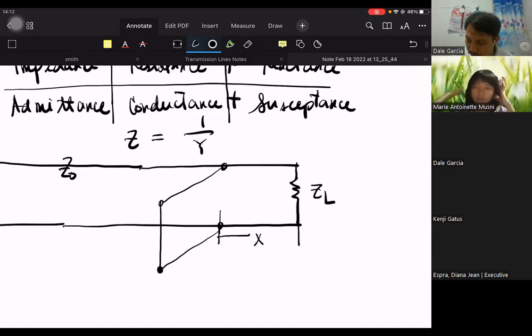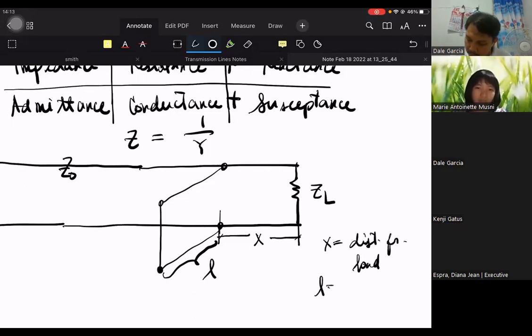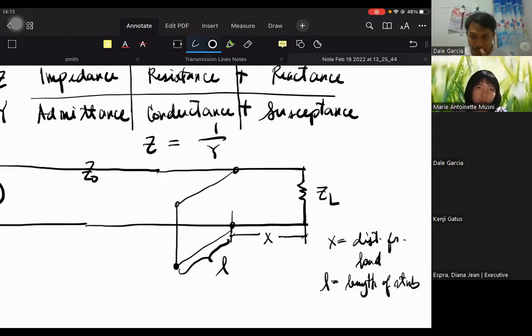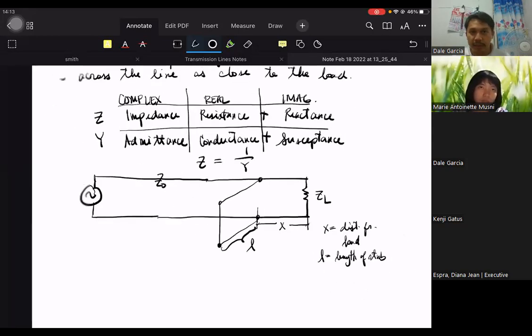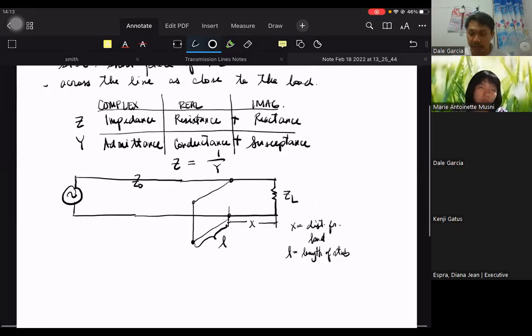X, perhaps. And how long is this matching stub? So X is the distance from the load, and L is the length of the stub. Those are the questions that will be answered by our Smith chart.